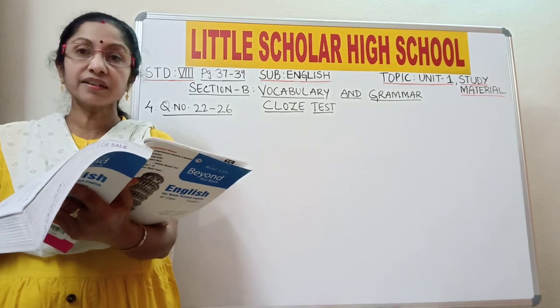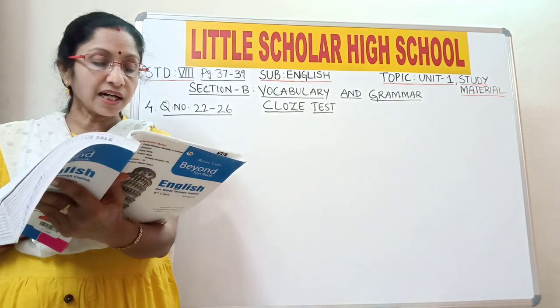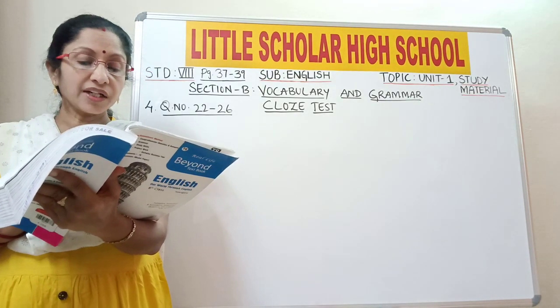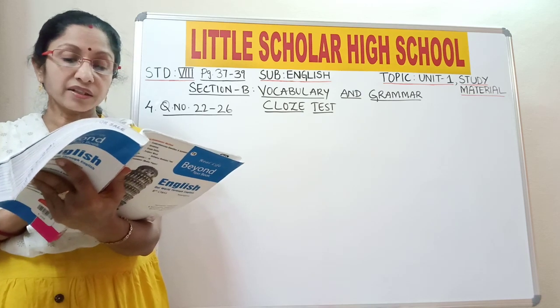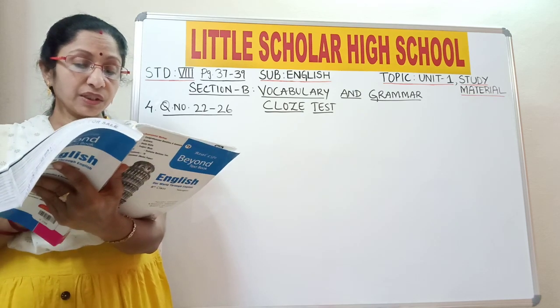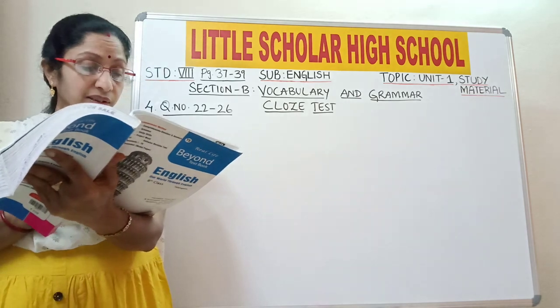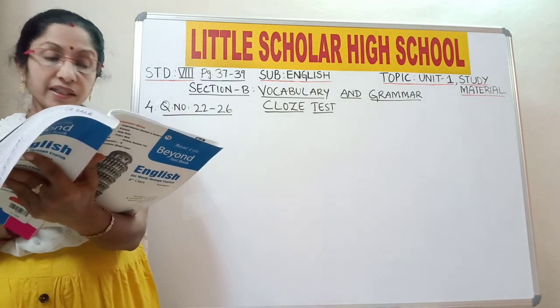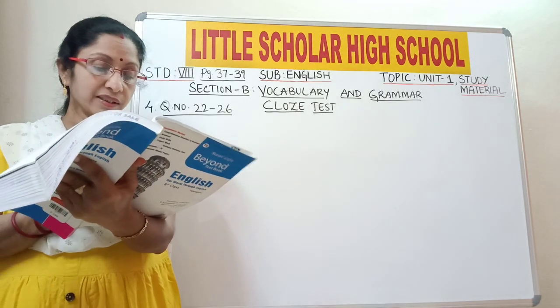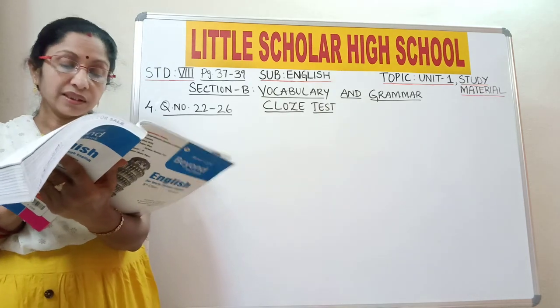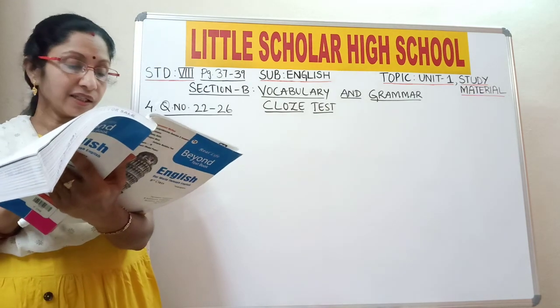Now let us discuss the fourth passage. It is the last day of August and the lush monsoon dash has reached its peak. Question number 22. The options are A. grew, past tense, B. growth, C. grows, D. growing.